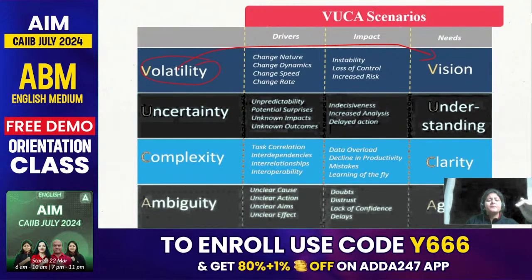Complexity means task correlation, that every part in the organization is interrelated with each other, so you have to have clarity in your mind at every aspect about how we can overcome the problem. Ambiguity means the cause is not clear, the aim is not clear, what is going on exactly is not clear in our mind. So of course, agility is the solution.